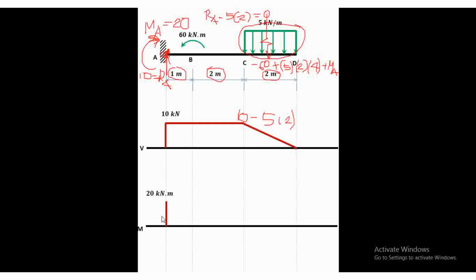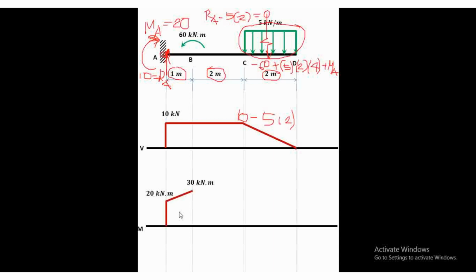After that, mapapansin ninyo, between A to B, meron akong rectangle dito. That is 10 times 1. So, 20 plus 10 times 1 is 30 kilonewtons. Now, I have to connect 20 and 30. Dito sa my shear diagram, this is a 0 degree curve. Pagdating kay moment diagram, that is a 1 degree curve.